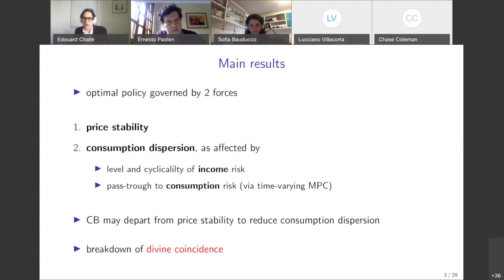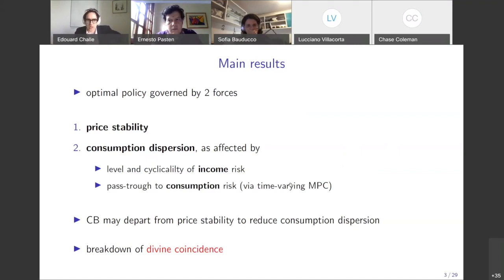So there will be a breakdown of the so-called divine coincidence, meaning the desirability of absolute price stability. Divine coincidence would hold in a representative-agent version of the model where the second motive is killed.